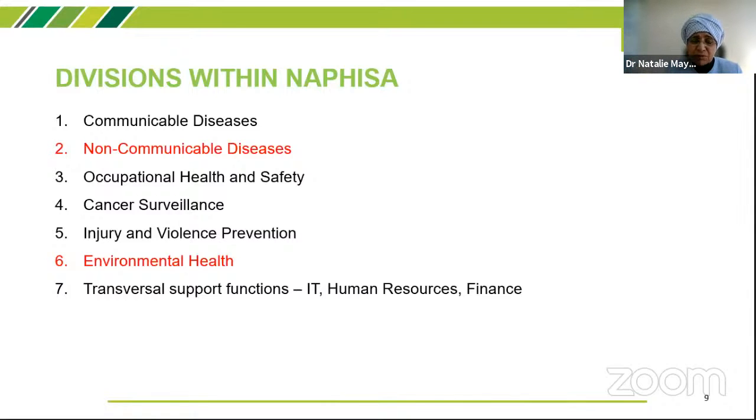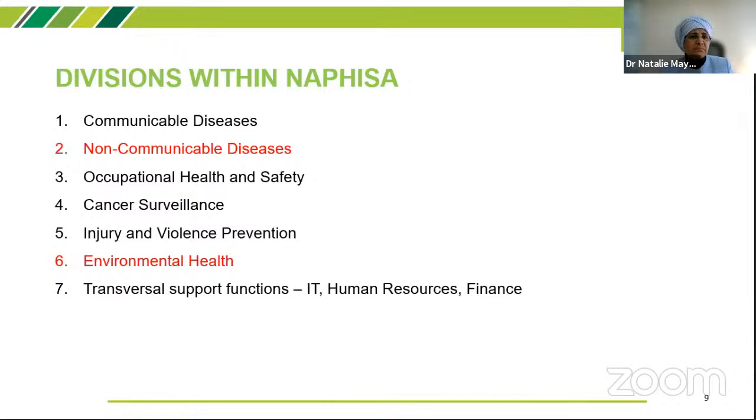And we need to start making these networks and overlaps. So although these are divisions, eventually from a surveillance and epidemiological perspective, we want to understand and unpack some of the causative attributes to some of the burden of rare disease.